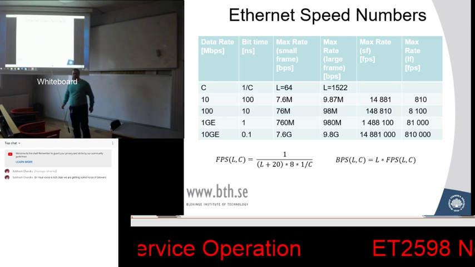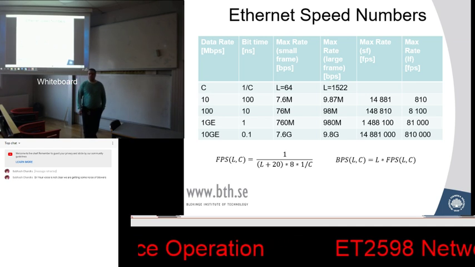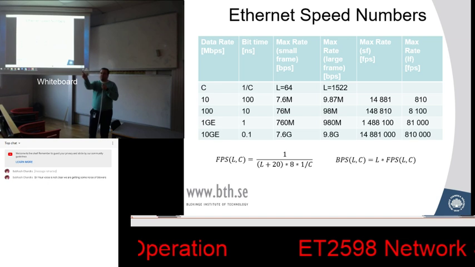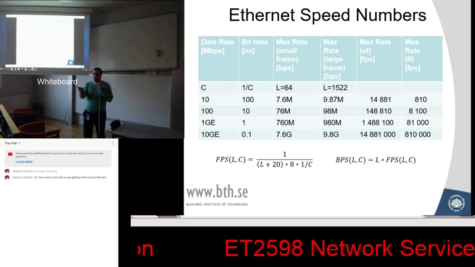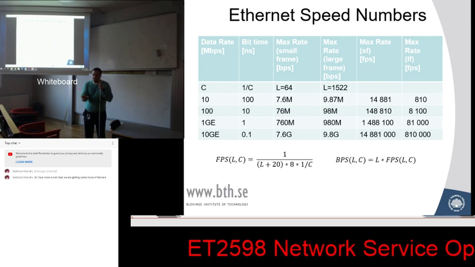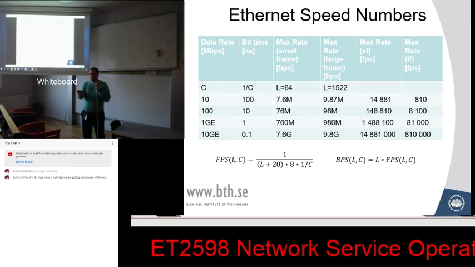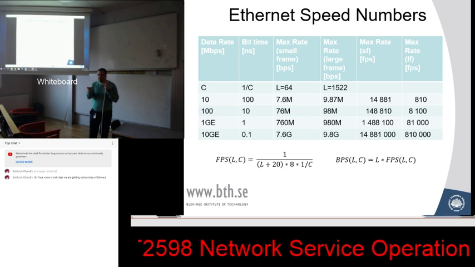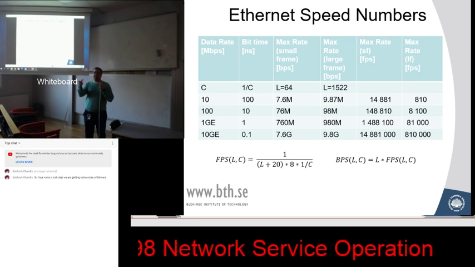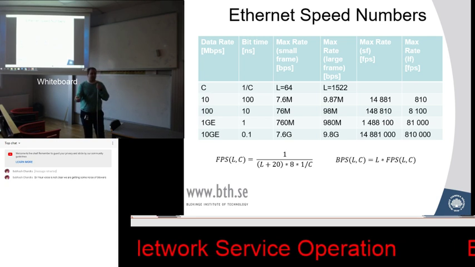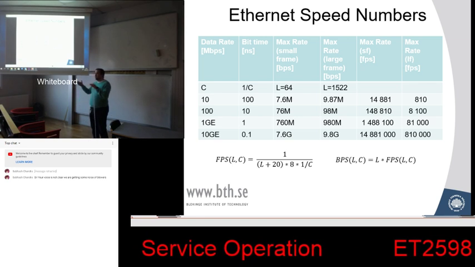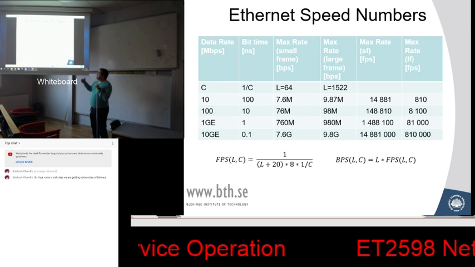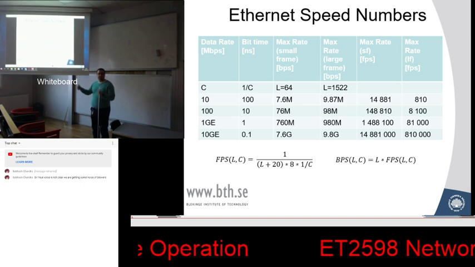Why are we not reaching a gigabit? Remember the frame gap? So we send one frame, 64 bytes, we need to wait the frame gap amount of time, which is 96 bit times, 96 nanoseconds, before we can transmit the next one. For that reason, we're not getting to a gigabit.